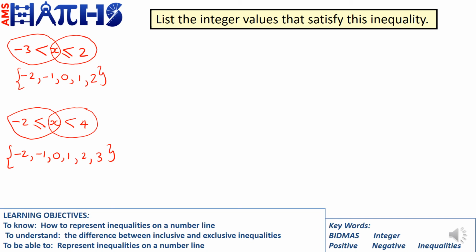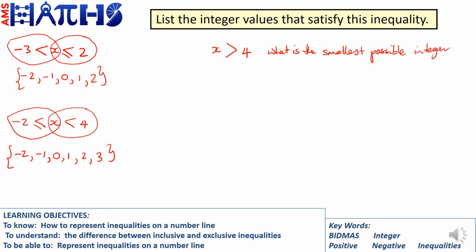Okay, now what if they said we had x > 4, and they say what is the smallest possible integer?